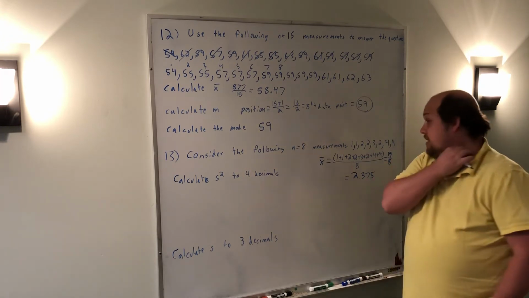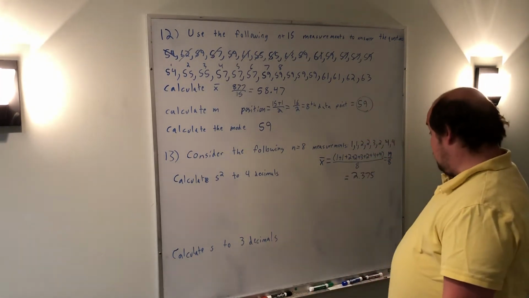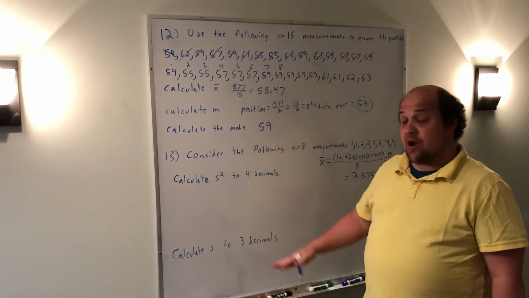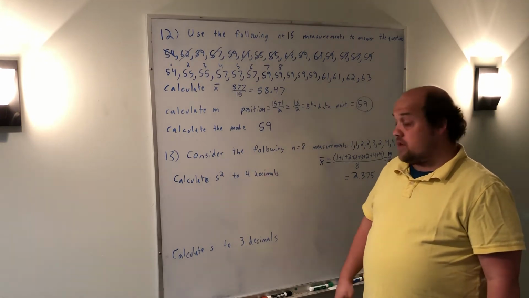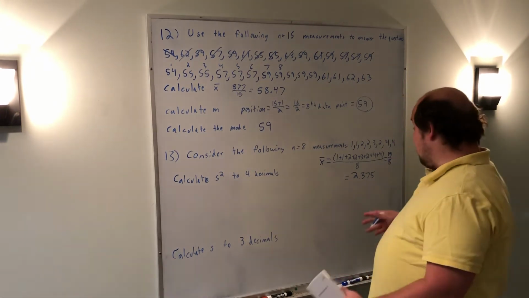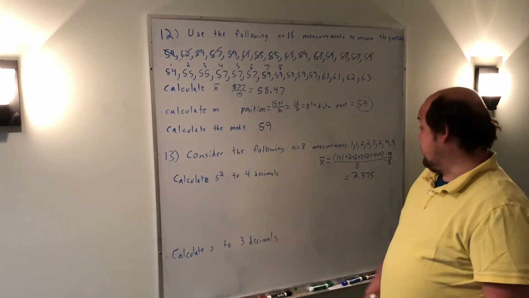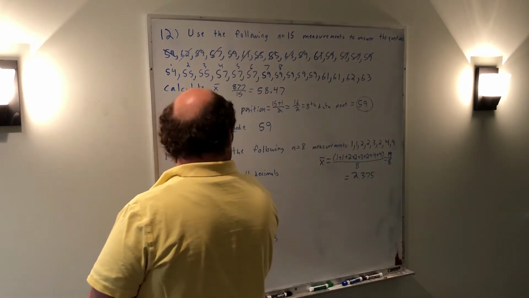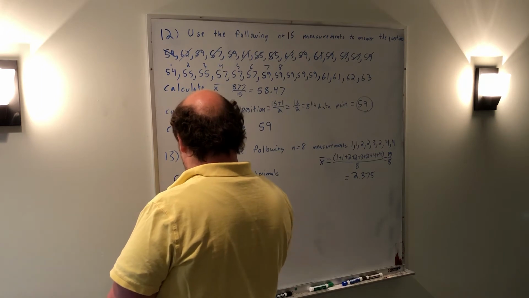You might be tempted to round this 2.375 to say 2.4. My recommendation is not to round as you do this process. Only round at the last step where they tell you to do it to 4 decimals. I know that makes it a little tougher as you go along, but that way your answer will match what they want. So now I have to take each individual data point, 1 minus 2.375, square the result.